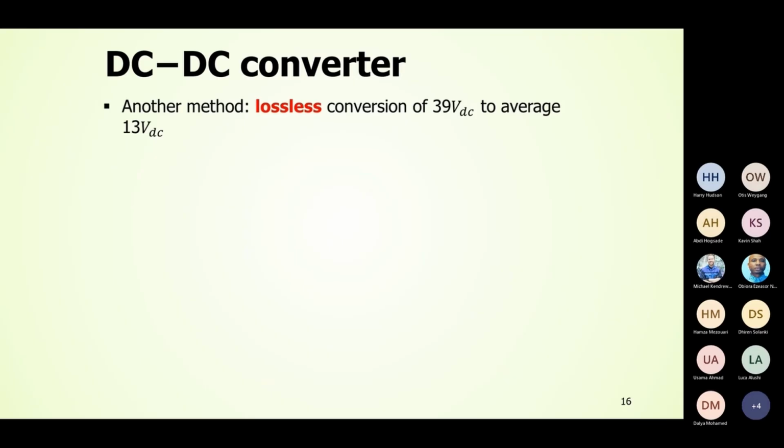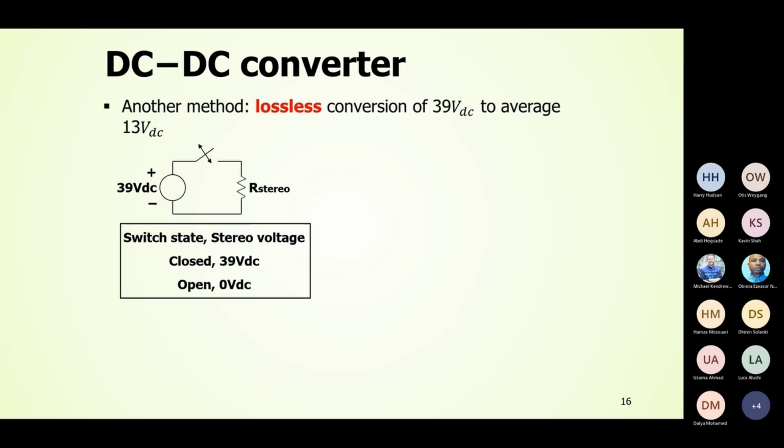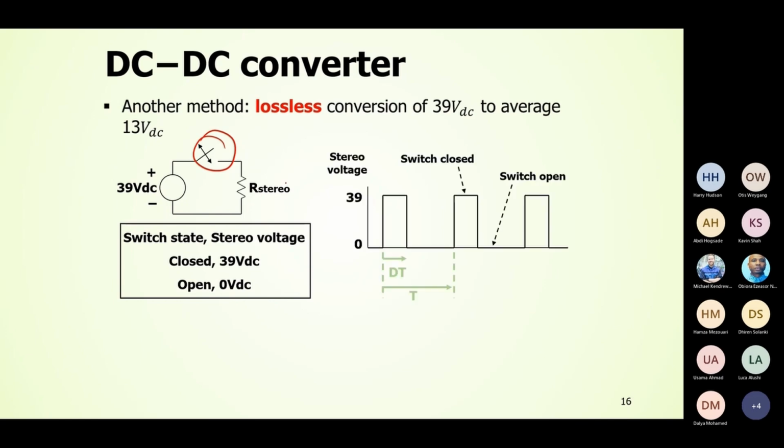Now, another method of lossless conversion is by using averaging. So let's say I have a switch. When it is closed, the output voltage is 39 volt, and when the switch is off, the output voltage is 0 volt. By applying a periodic opening and closing of the switch, I can control the average.